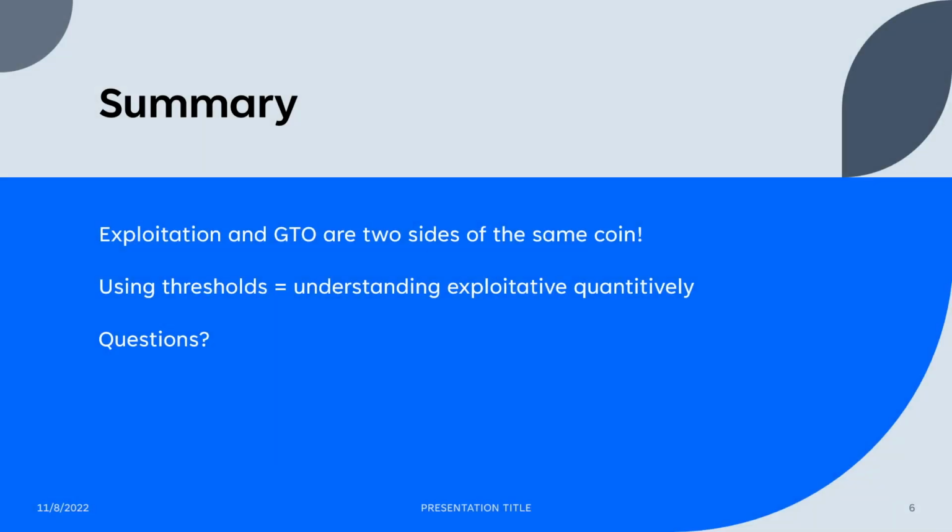In summary, I would like to show that exploitation and game theory optimal strategies are basically two sides of the same coin. I believe I show this by using the thresholds to understand exploitative strategy quantitatively. What do I mean by that?